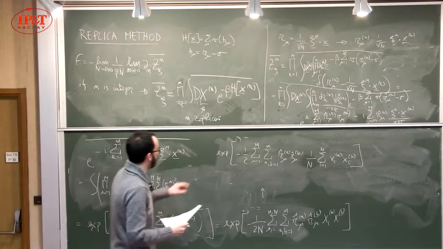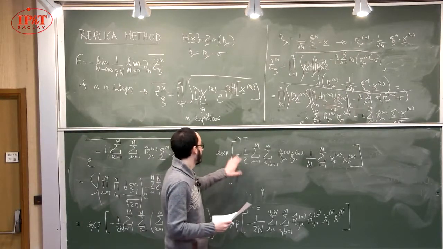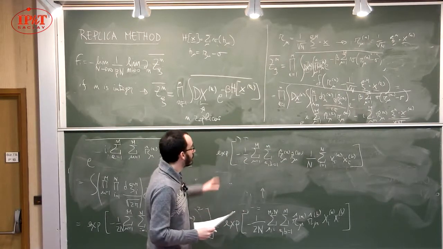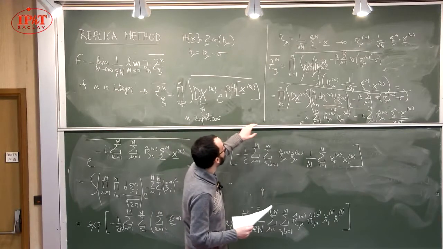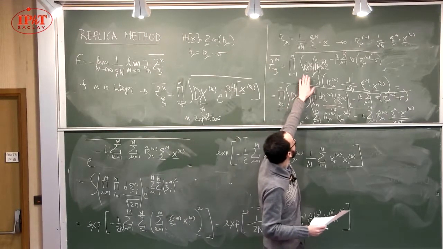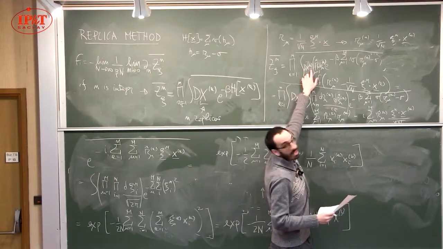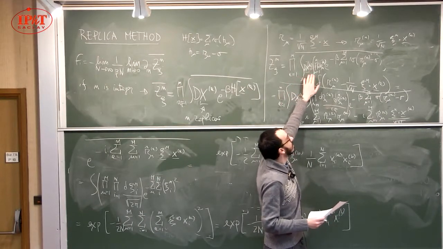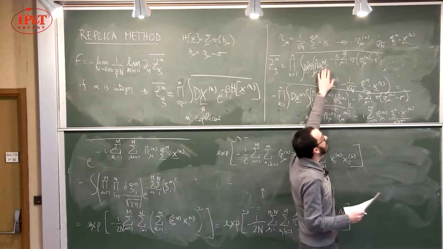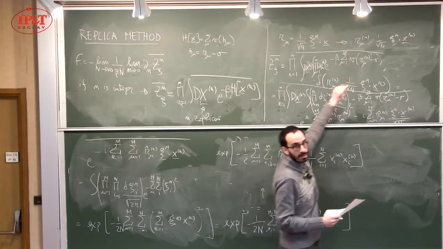So the nice thing, the interesting thing, let's say, of this expression is the following. So we started from this expression here. So here what you can see is that all replicas are non-interacting, in the sense that there is no direct coupling between them. Okay.